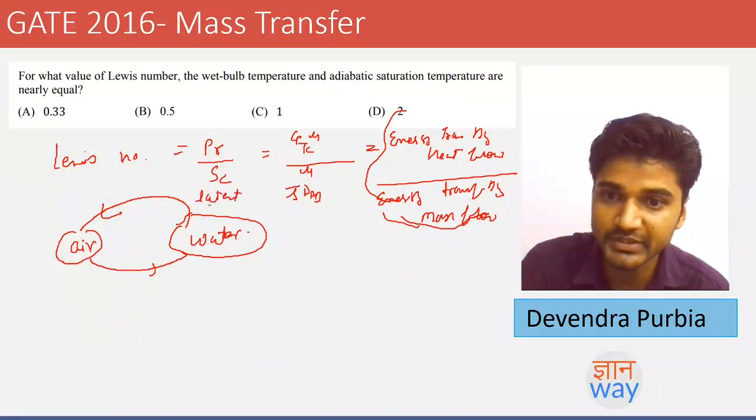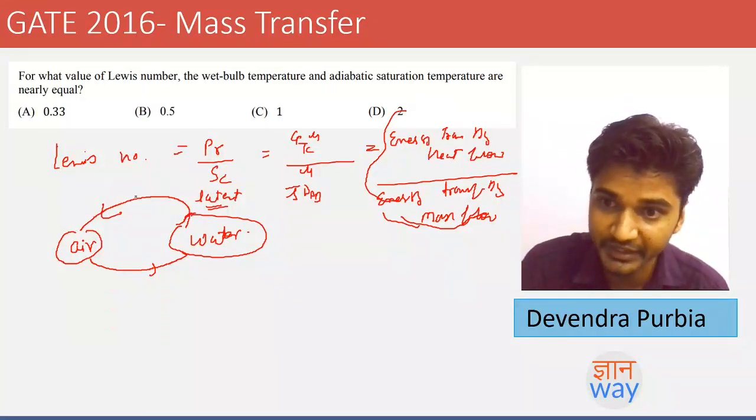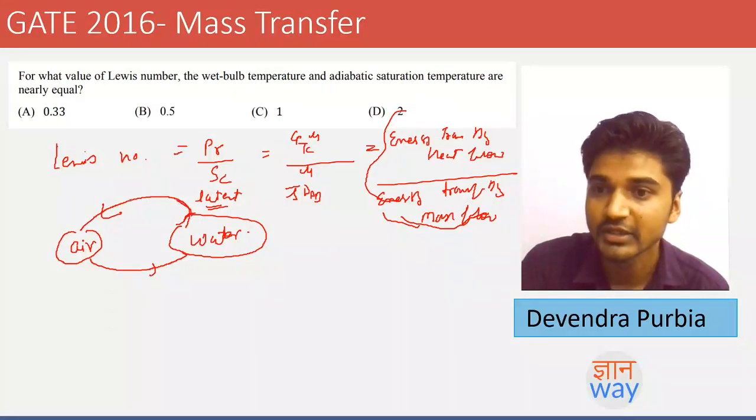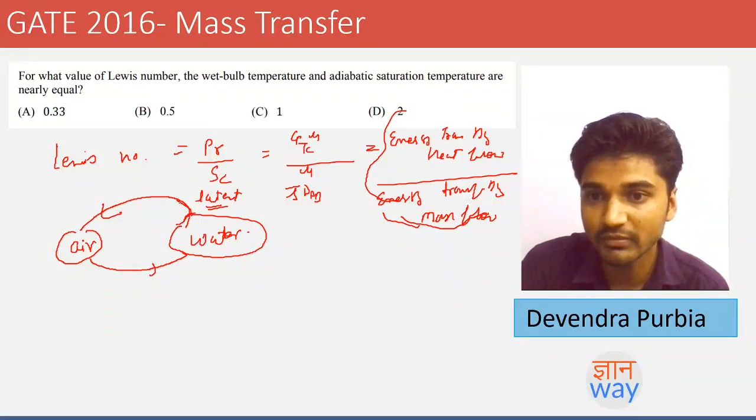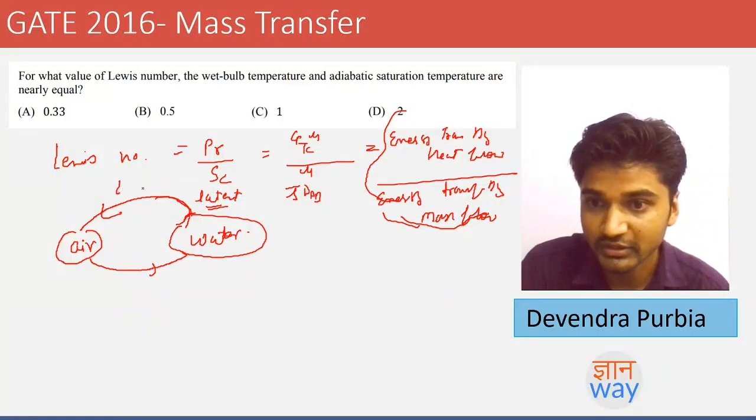So this is the latent heat where there is no temperature change of water, where the air gets heat through mass flow, because the vapor is traveling from water to air. So here the heat is traveling from water to air. There is a mass flow, and through this latent heat some heat is flowing.